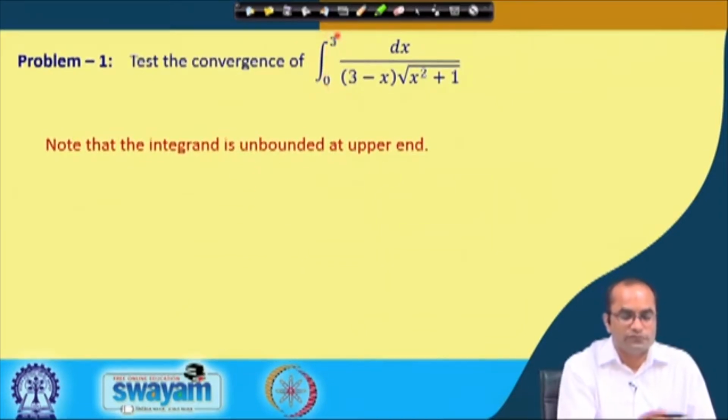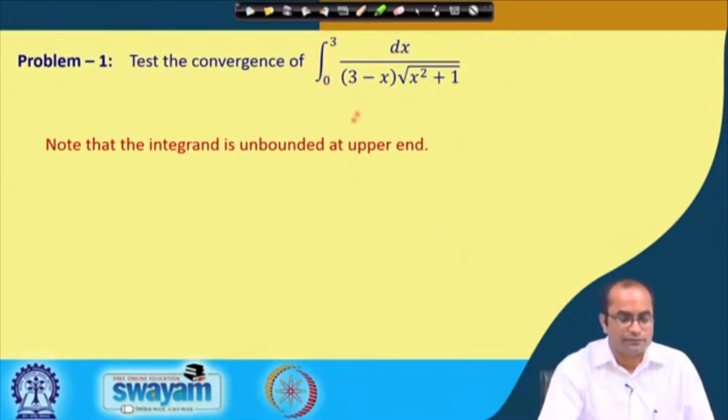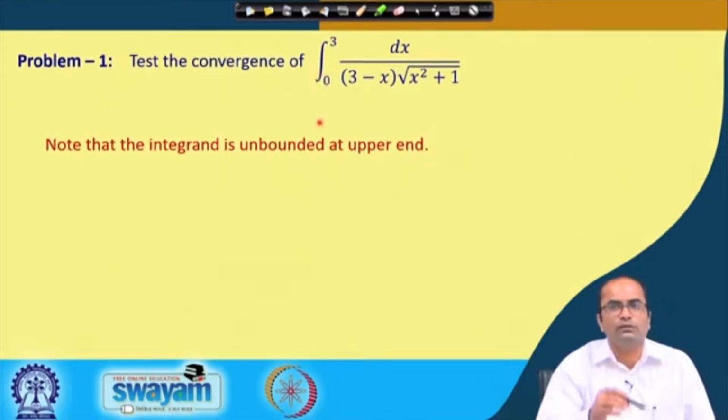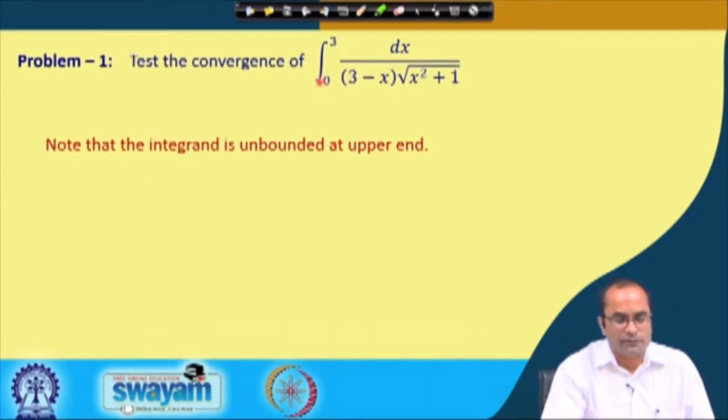Though we can deal with it similarly, the other way is to convert it by a suitable substitution so that our integrand becomes unbounded as we approach the lower boundary of the integral.